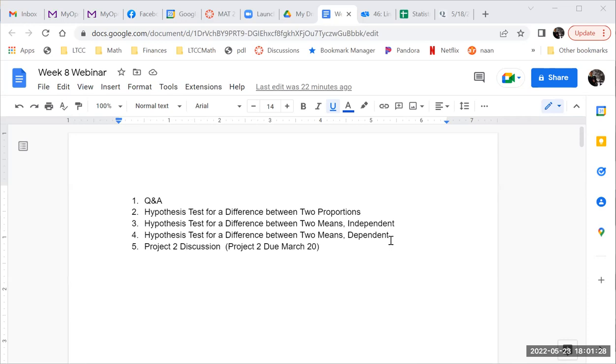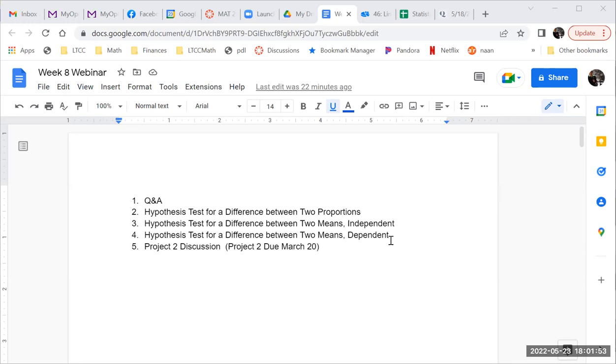So last week, if you remember, we did hypothesis testing, but we only did hypothesis tests to see if this proportion is bigger than a certain known proportion, or if this mean is bigger than a certain known mean. But in the real world, that's not usually what you do. Usually you want to compare.